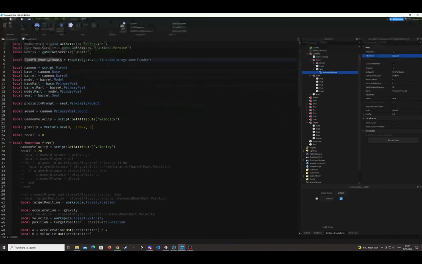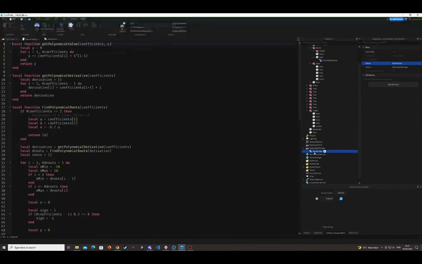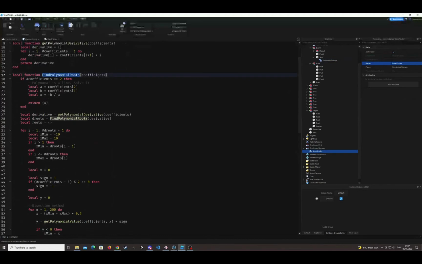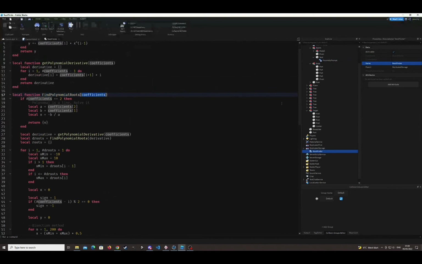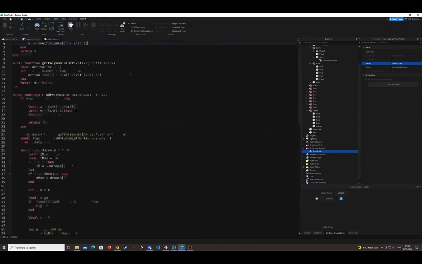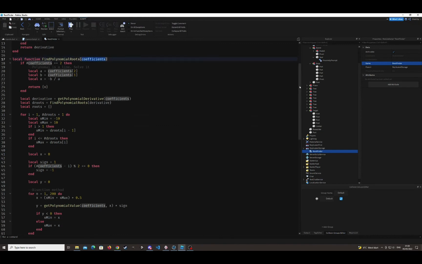And the polynomial roots. This is a module that just returns a function. It looks like this, which just returns the function that actually calculates the roots from a list of coefficients. I'm not sure if I'm going to go over this algorithm just now, but it's using the algorithm I explained. It actually works for any number of coefficients too, which is pretty cool.